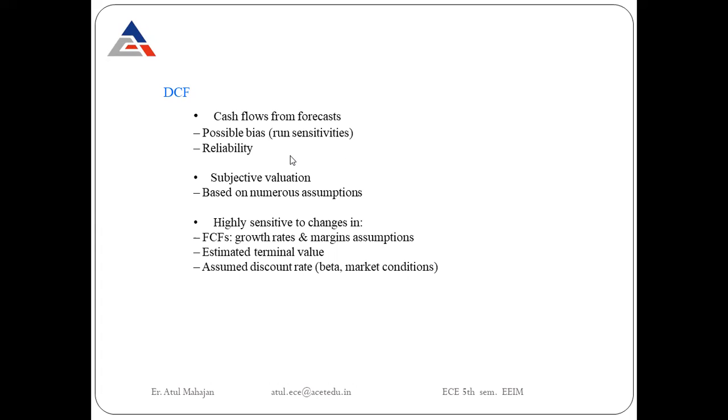The possible bias or the run sensitivities are possible biases. Of course, if I am launching some new project in the market, my competitors will have a problem with it. They're going to be biased.